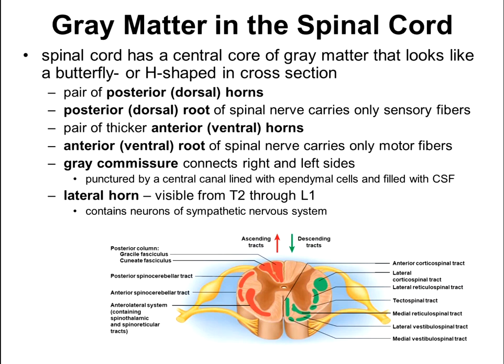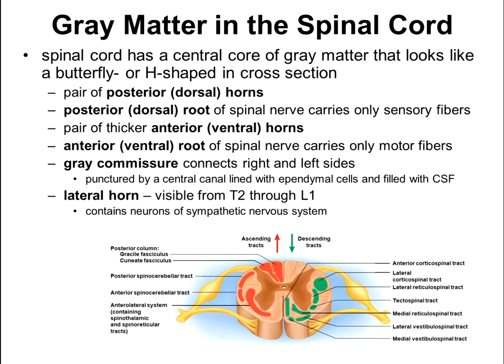There are a pair of thicker anterior, or what we say ventral horns. There is an anterior ventral root of spinal nerve that carries only motor fibers. There is a gray commissure which connects the right and the left sides.